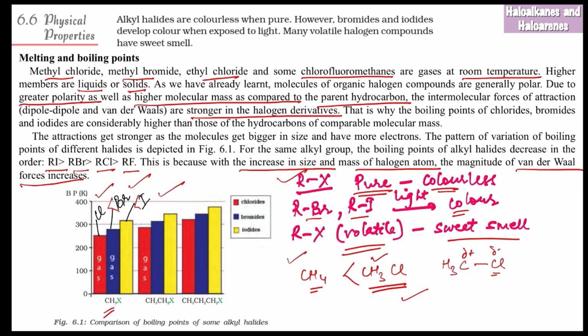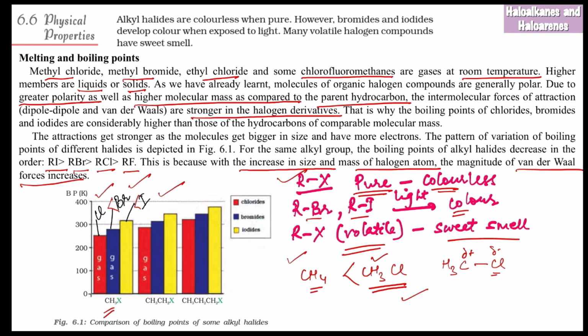So these alkyl halides can exist in the gaseous state as well as the liquid state as well as the solid state. The alkyl halides are polar. In comparison to the alkane from which these alkyl halides are derived, the molecular mass of alkyl halides is higher. Due to bond polarity, they have two types of attractive forces, the first one is dipole-dipole interaction, the second one is van der Waals interaction.